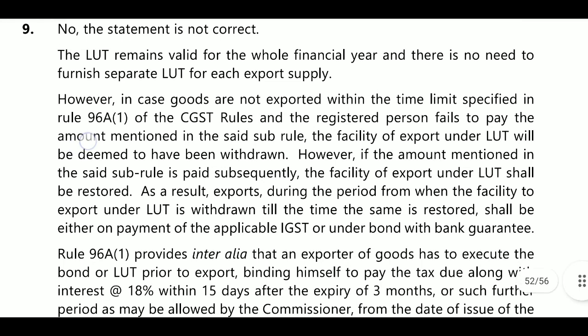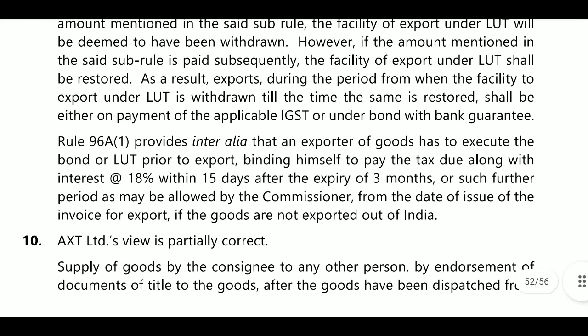Rule 96A(1) provides that an exporter of goods has to execute the bond or LUT prior to export, binding himself to pay the tax due along with interest at the rate of 18% within 15 days after the expiry of 3 months or such further period as may be allowed by the Commissioner from the date of issue of the invoice for export, if the goods are not exported out of India. It is required to file a bond.